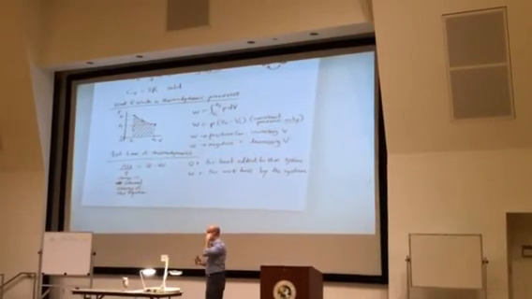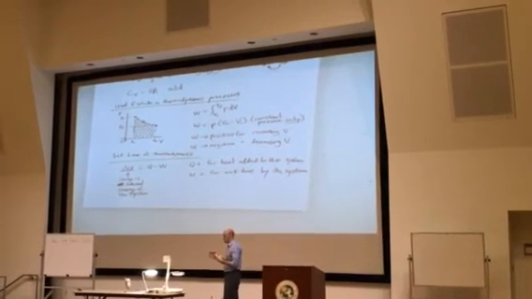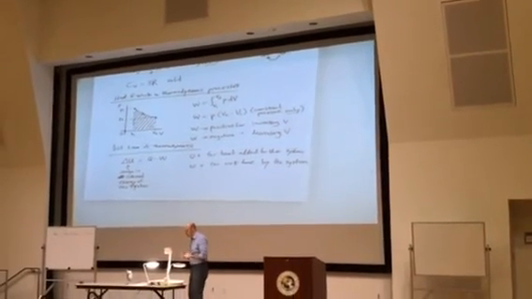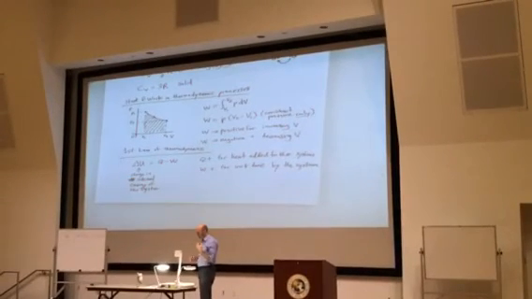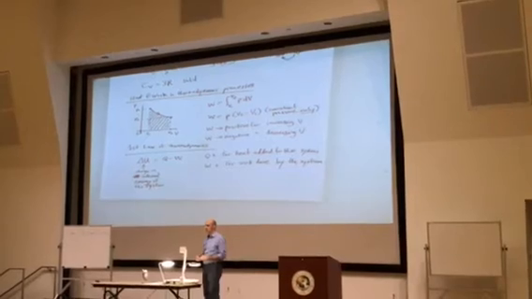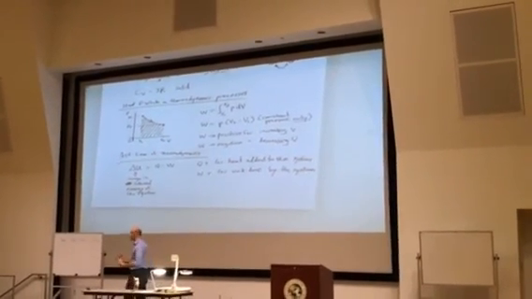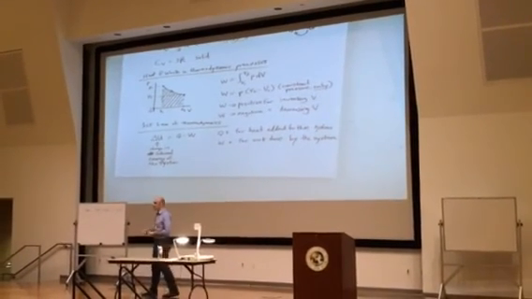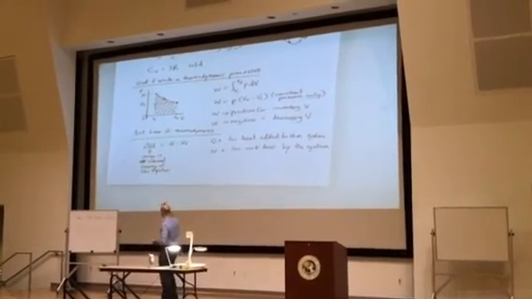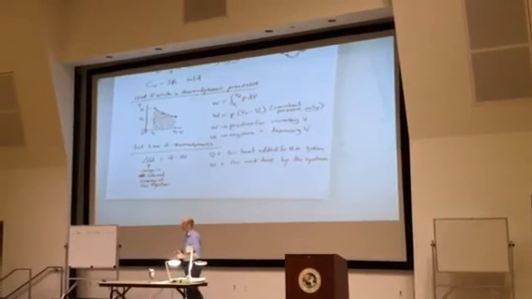Adiabatic, right? If there's no heat removed or added to the system, and it does some work, that's an adiabatic process, right? And so then I would just have work done by the system. So if the system does some work, it must lose energy, right? So there must be a decrease in delta U, so it makes sense that for work done by the system, minus W, minus a positive, must lead to a decrease in internal energy.